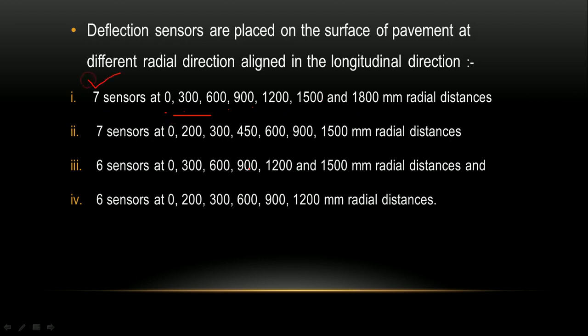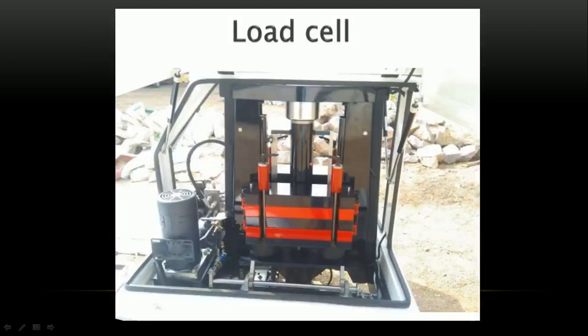For these distances we fix the 7 sensors, radial distances from the point of loading. Sometimes we can provide other radial distances, and if you are using 6 sensors, these are the radial distances at which we fix the geophones or deflection sensors in order to determine the deflection.